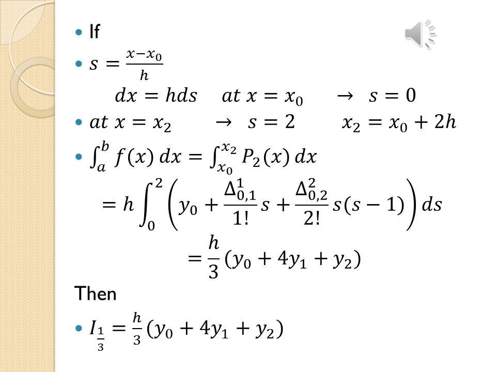We have to save this formula to know the Simpson one third rule: the integration equals h over 3 times y naught plus 4 y1 plus y2.